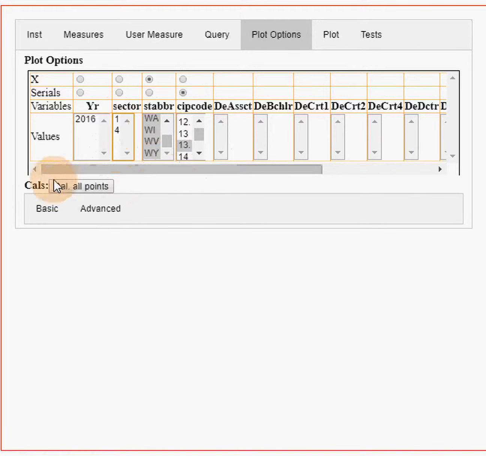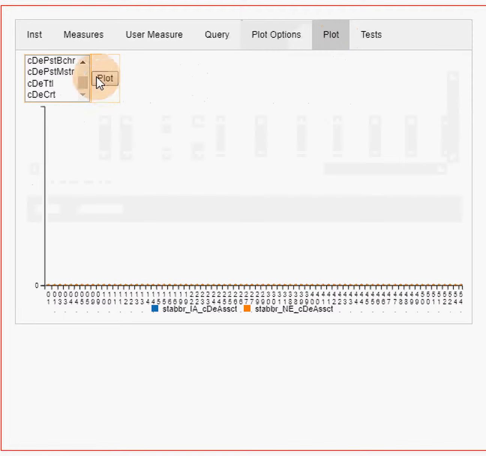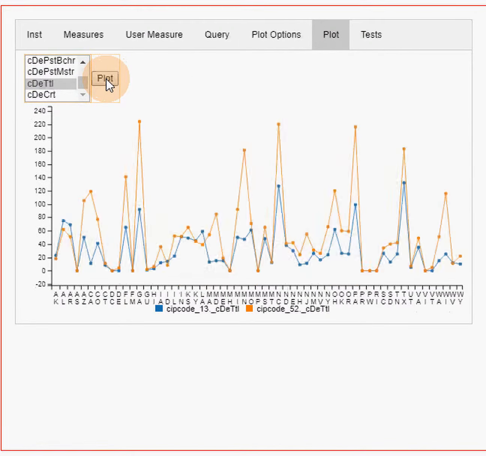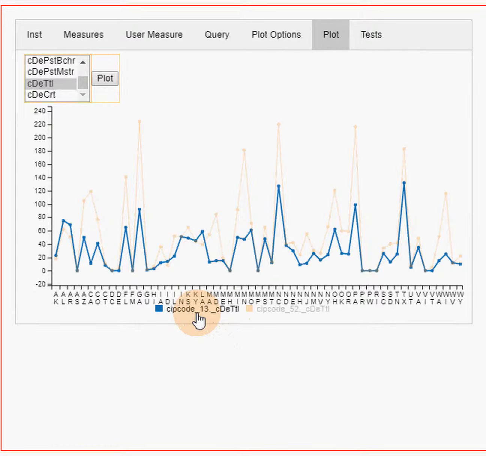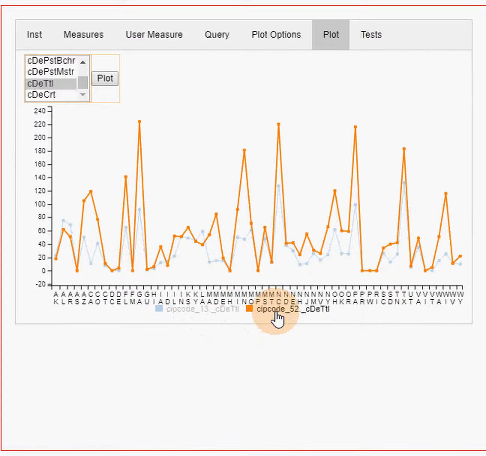Let's look at the sum. So calculate all the points. And let's go to the plot. Let's start with the total. And you can see the 13 for educations, and there is a 52 for the business.